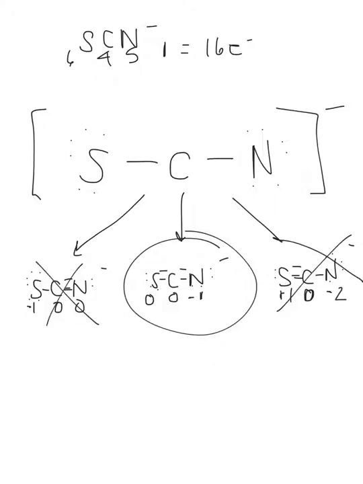Therefore, if we're going to pick the best structure out of a resonance structure set, or the one that contributes the most to the actual structure, because remember, resonance structures are a weighted average or a blending of all the possible structures, it's going to be the one in the middle, because the middle structure has the minimum number of charges, the charges are small in magnitude, and the negative charge is positioned on the most electronegative element.